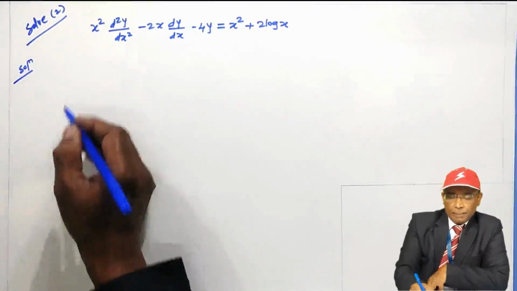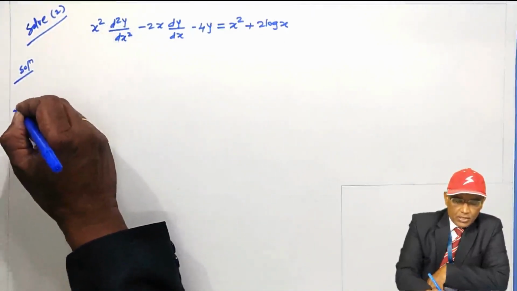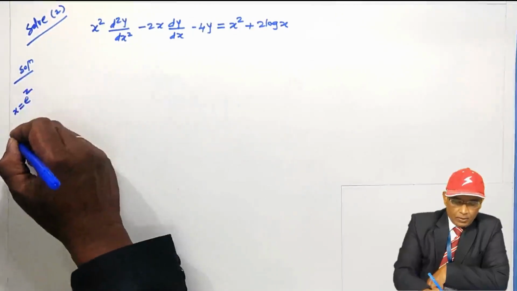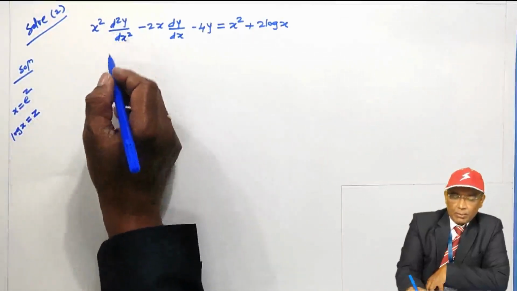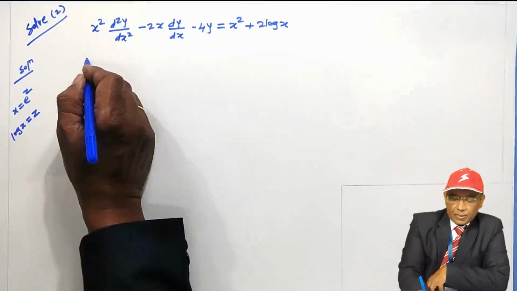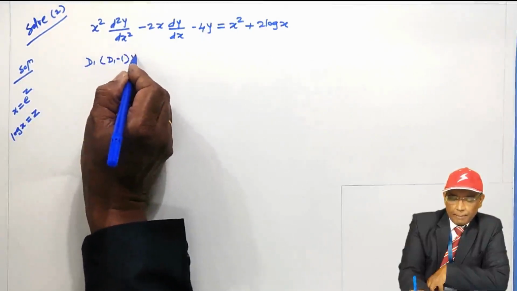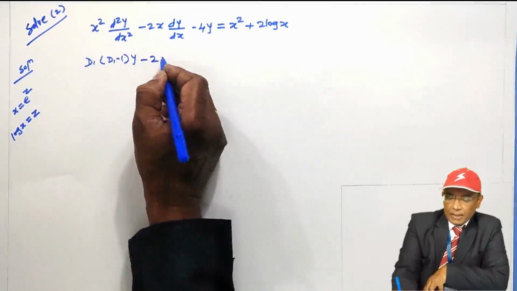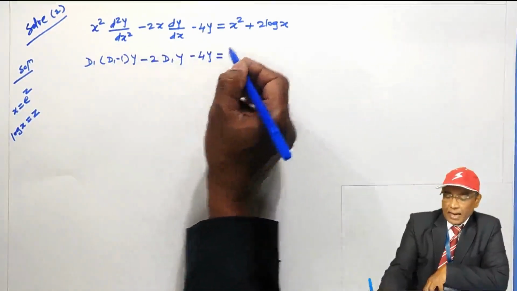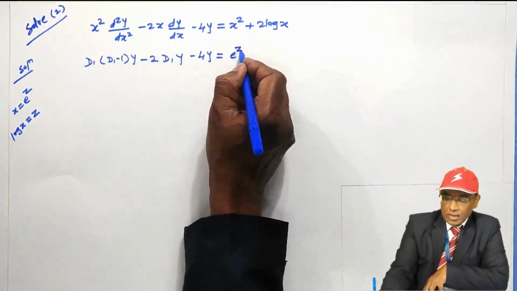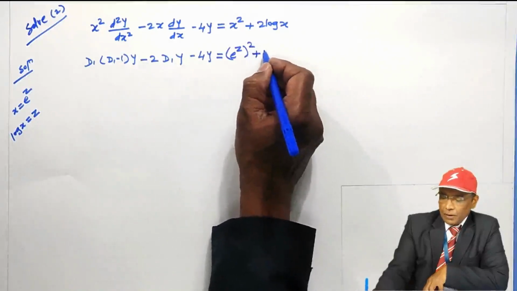Now x square d2y by dx square, x is e raised to z, log of x is z. For this substitution, x square d2y by dx square is D1 minus 1 y, x dy by dx is D1 y, 4y as it is, x is e raised to power z and its square, you can write e raised to power 2z also directly.